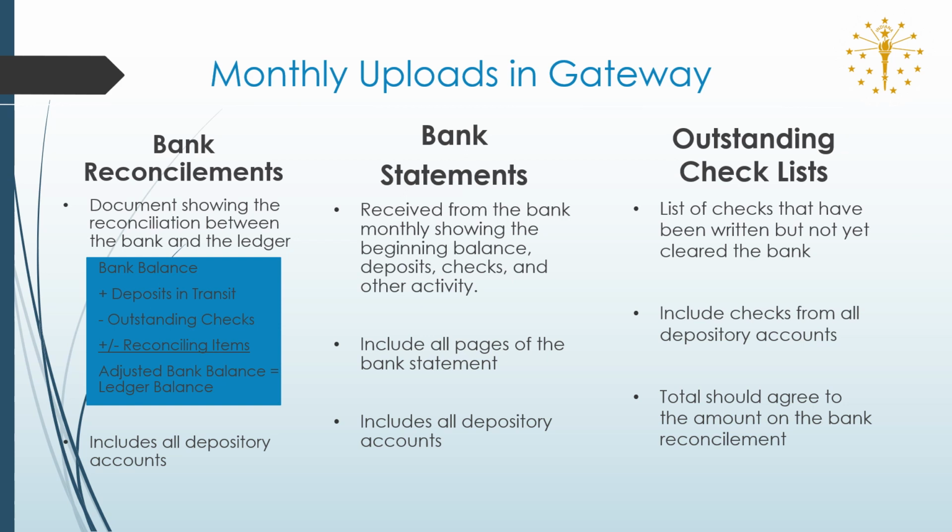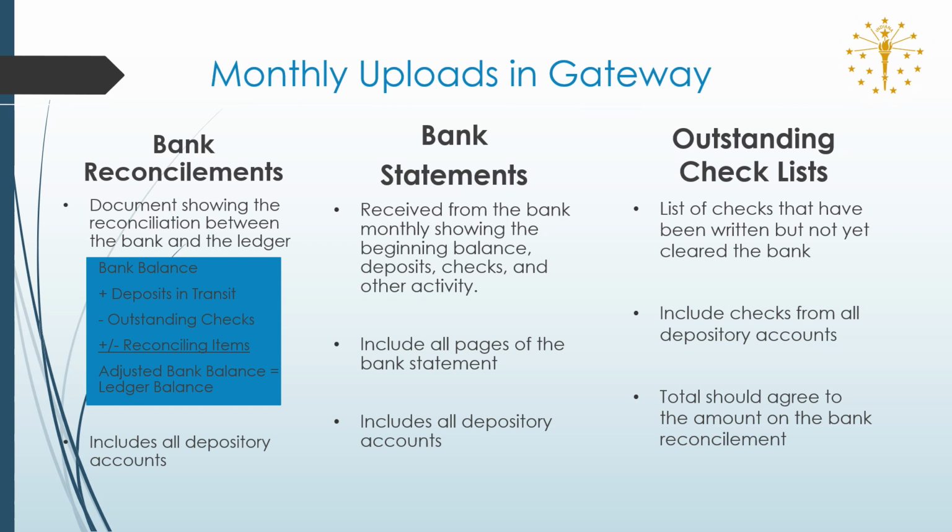You should upload a bank reconcilement for each account. It is important to note that you can upload multiple files under the Upload section. There is a separate presentation on how to do a reconciliation if you are unfamiliar with this process. I would recommend watching that video if so.